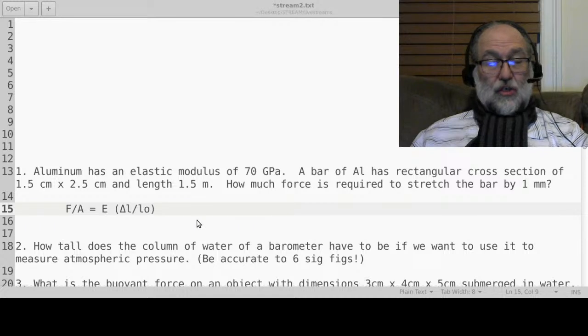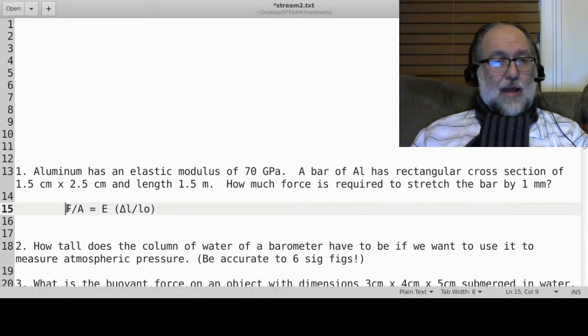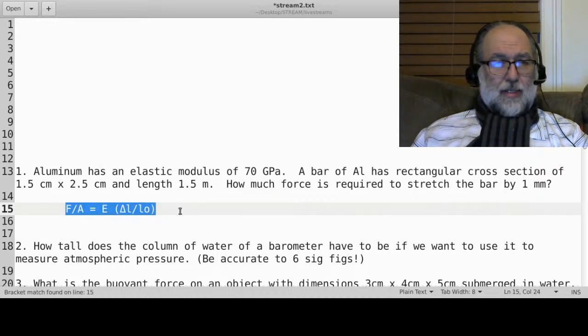Now, if this were a shear, it would look exactly the same, except instead of E it would be G. And if it were a bulk modulus, let me write that formula very briefly over here. I'll rub it off in a second because it's not appropriate.